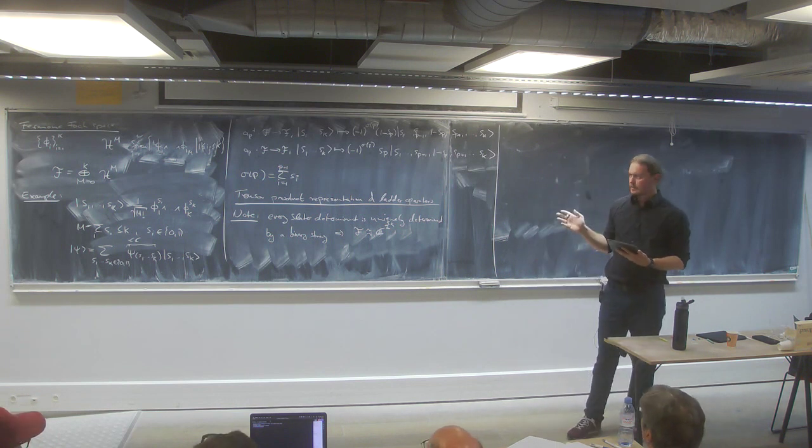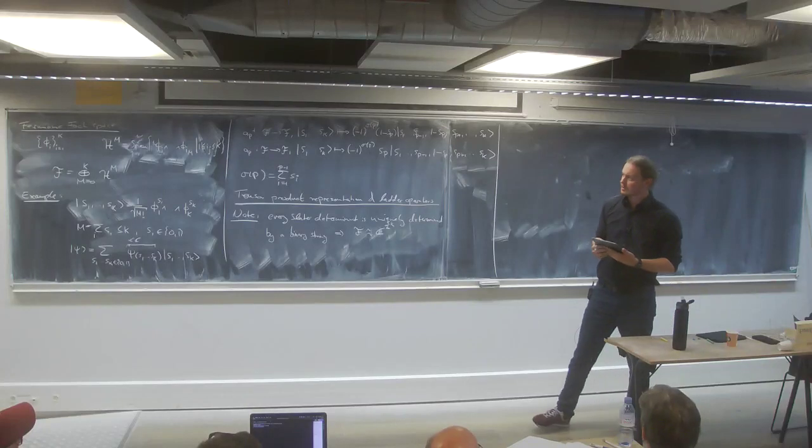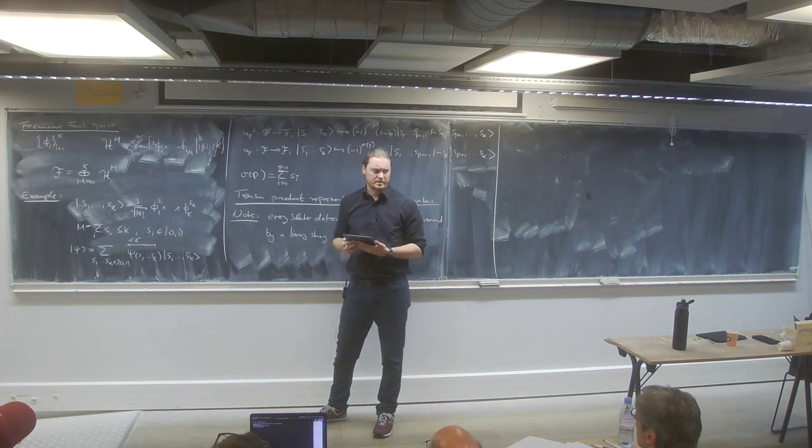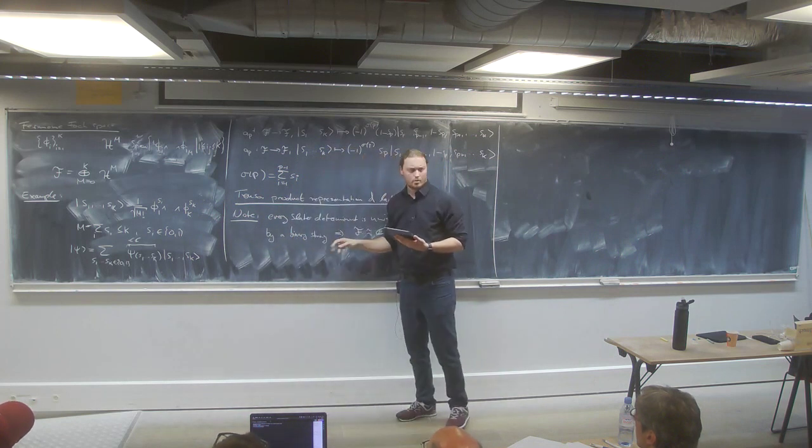In terms of expressibility, the sign doesn't matter. But it's true that in this formulation, if you take the wedge product, you will clearly see the sign, whereas here you don't.